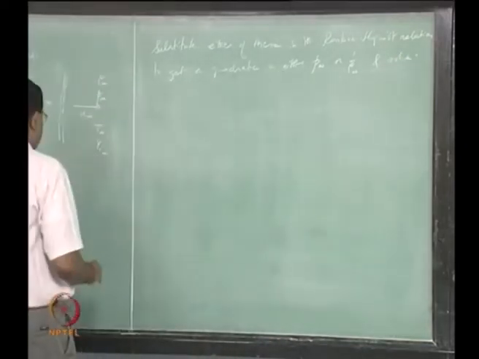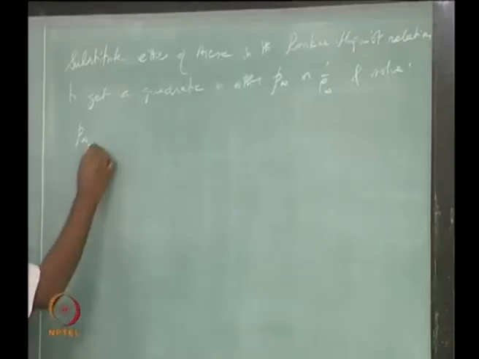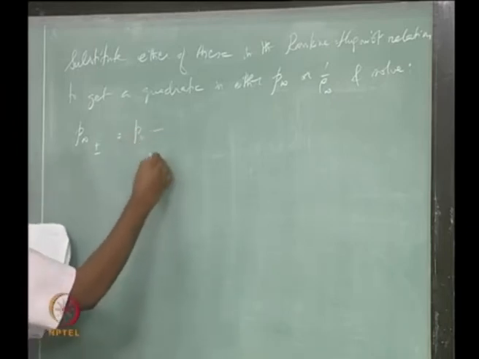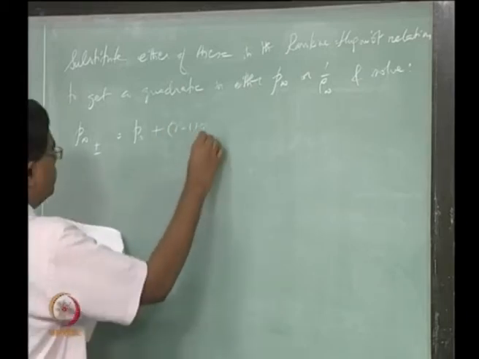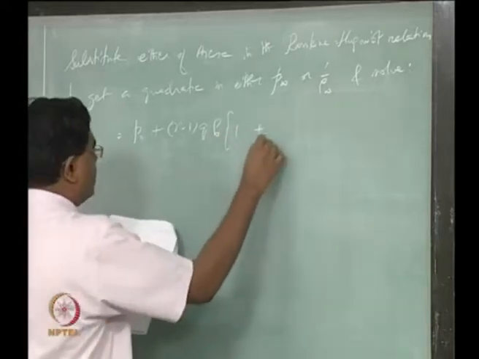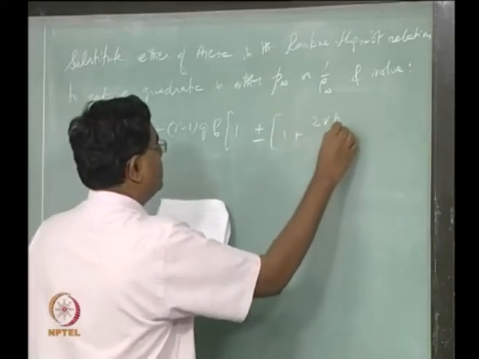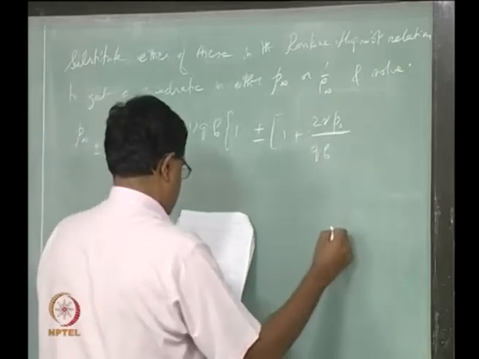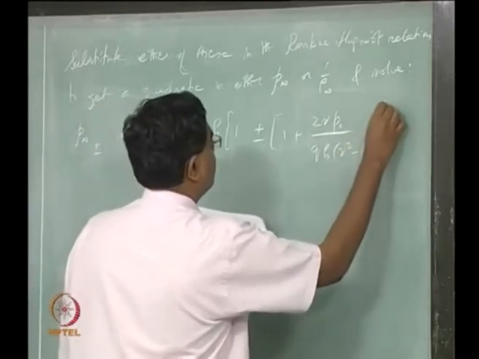So if you now solve the quadratic, you get P infinity plus or minus equal to P naught plus (gamma minus 1) Q rho naught times [1 plus or minus the square root of 1 plus 2 gamma P naught divided by Q rho naught (gamma squared minus 1)], the whole to the half.